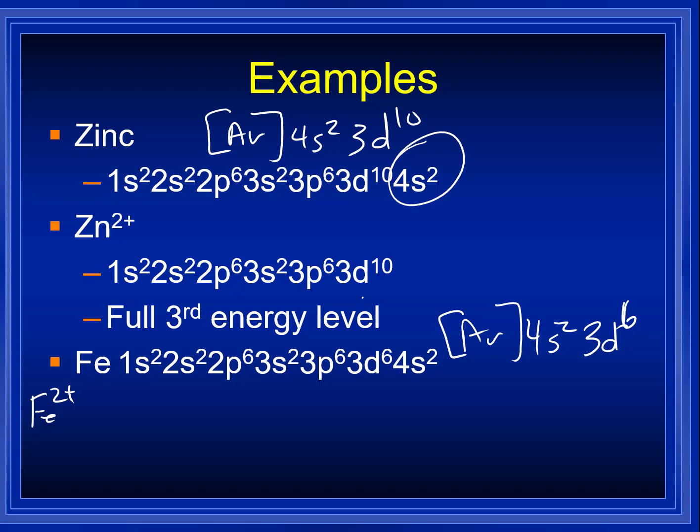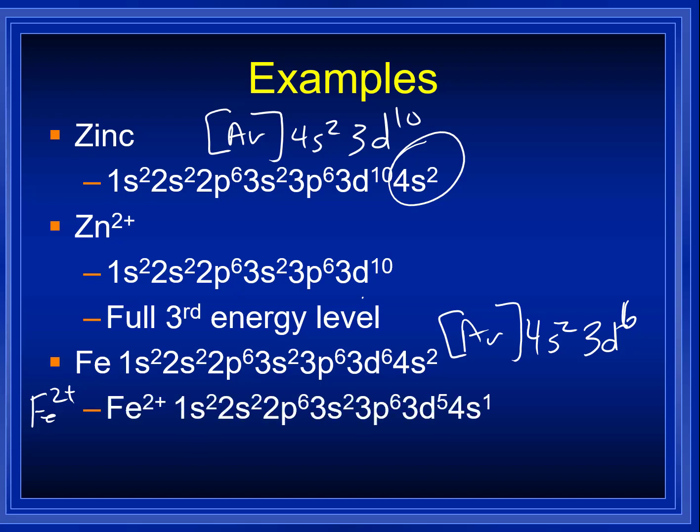How could you do that? If I take 4s2 off, that won't work this time, will it? Because that leaves 3d6. Oh, take 1s and 1d, and I end up with half-filled. Oh, ideas we learned before are coming back. Get to filled and half-filled is stable.